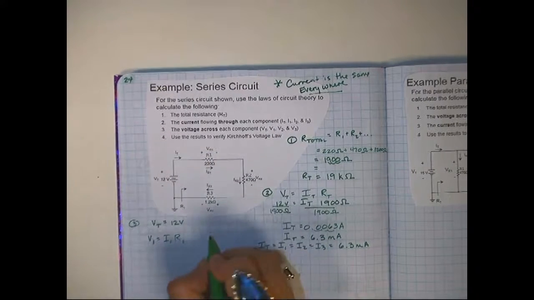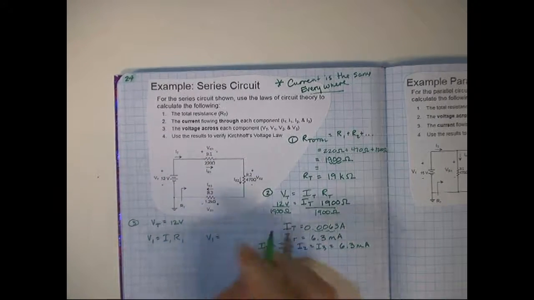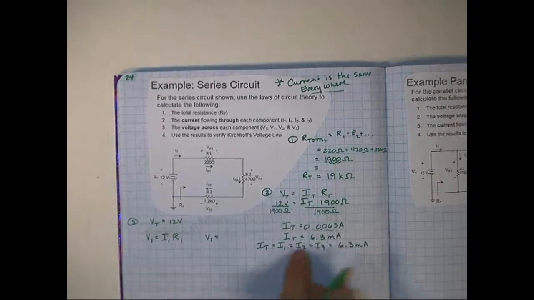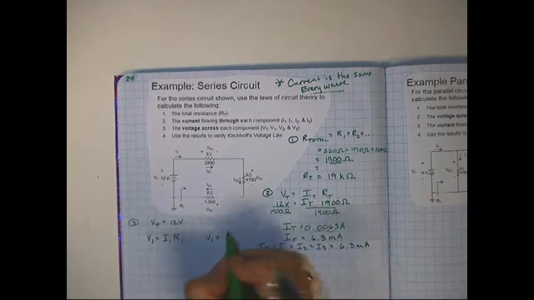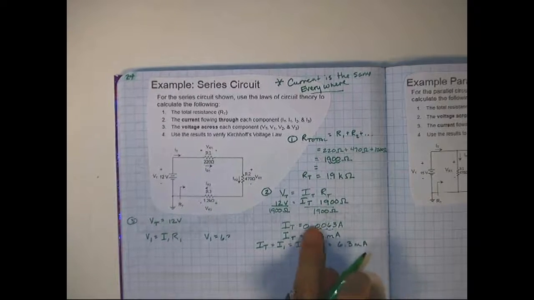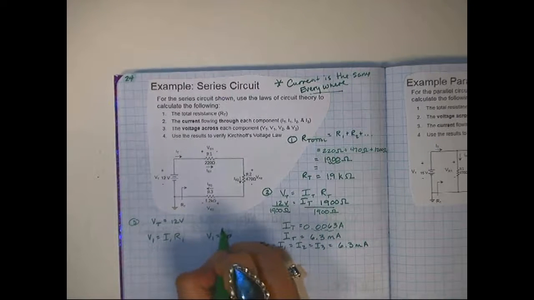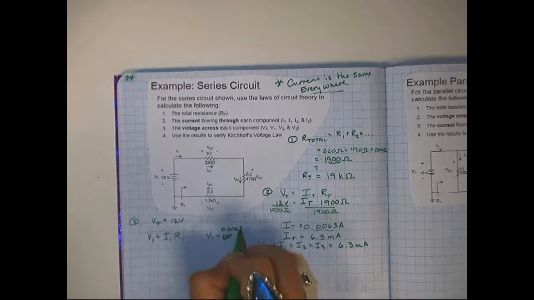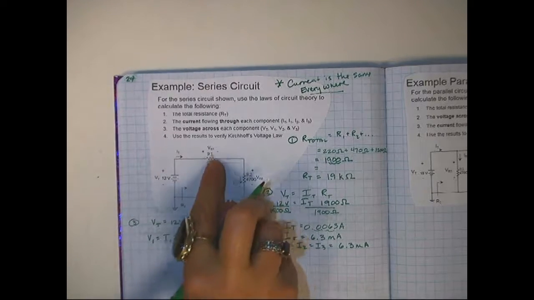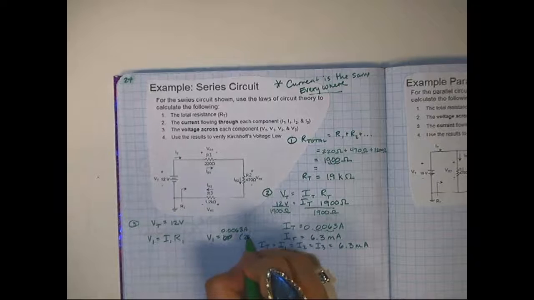Do I know the voltage right here? No, I'm looking for that. Do I know the current right here? Yes, because it's the same as the current everywhere else. So that's 6.3 milliamps, but I need to put in the regular amps there. And then my R1 is the 220 ohms.